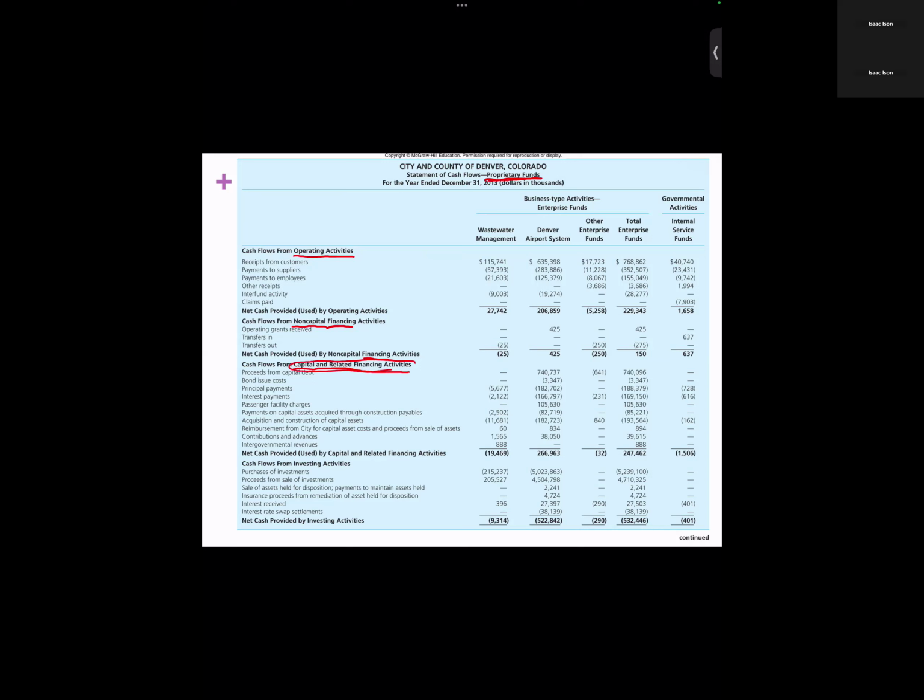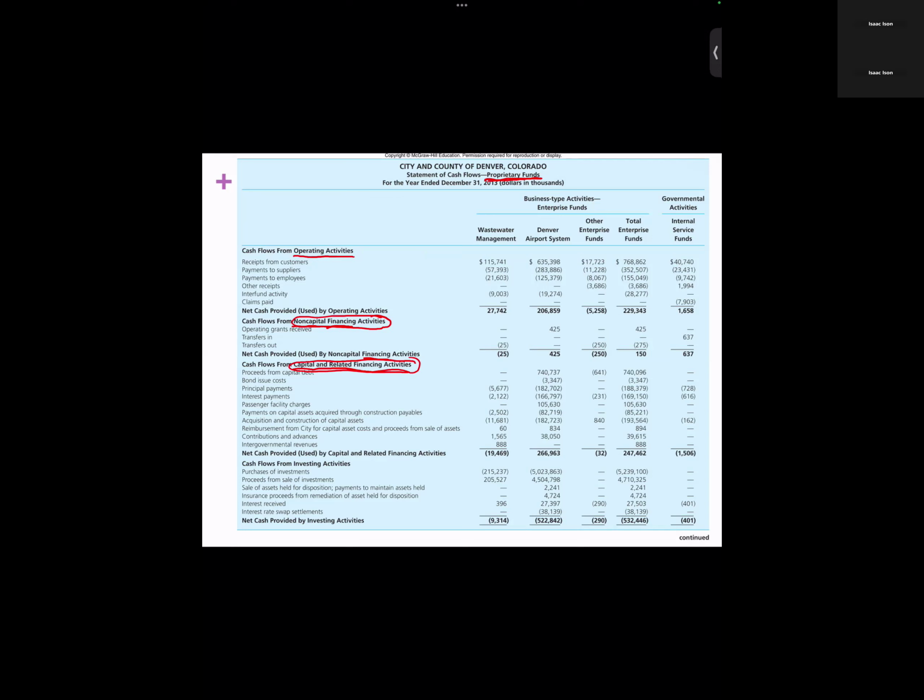So there's two categories of financing activities. The logic is here, non-capital financing. If we're borrowing money to build a building, that's fine. That doesn't violate interperiod equity, right? Because that building's going to be used for multiple generations. We'll pay off the loan over multiple generations, whatever.